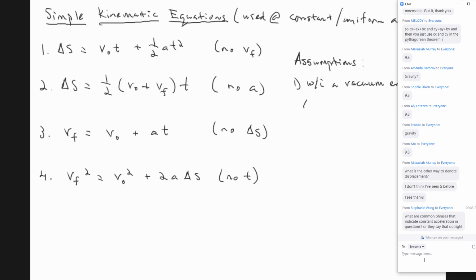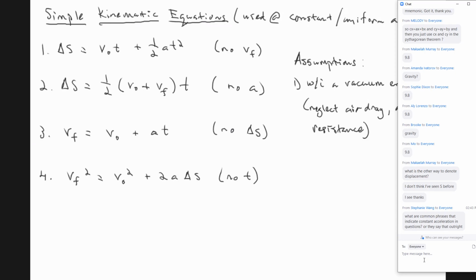So they'll say neglect air drag, air resistance. That's basically like saying you're in a vacuum. We have no atmospheric pressure because there are no gas molecules around us, okay? It's the equivalent of being in space.